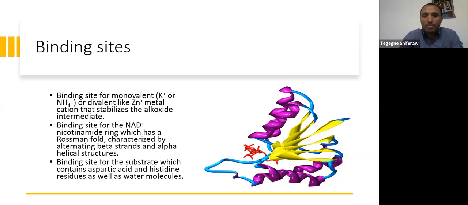And the last one is the binding site for the substrate. The substrate binding site of the glycerol dehydrogenase enzyme contains aspartic acid and histidine residues, and in addition, it has water molecules, and they all play a stabilizing role for the reaction mixture, or we can say for the transition state.